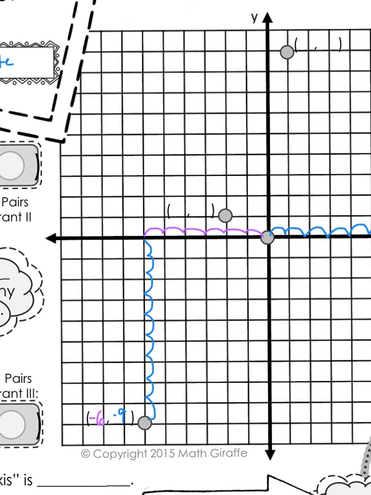For this next point, I'm going to count over 1, 2, so we went over -2, because we're still going to the left. But on this one, we're only jumping up 1, so it's going to be +1.